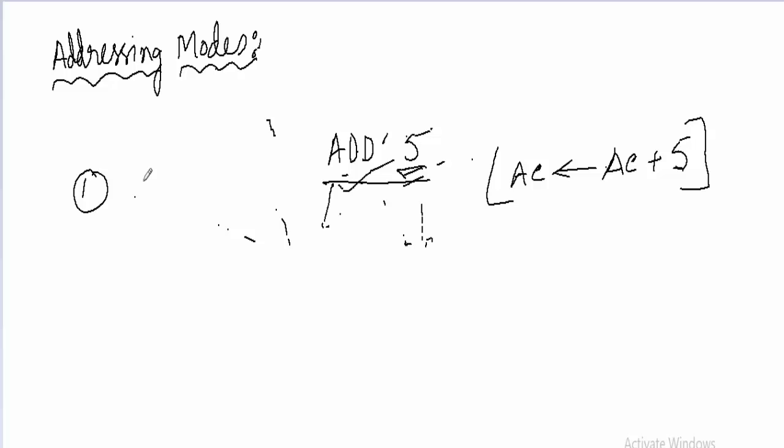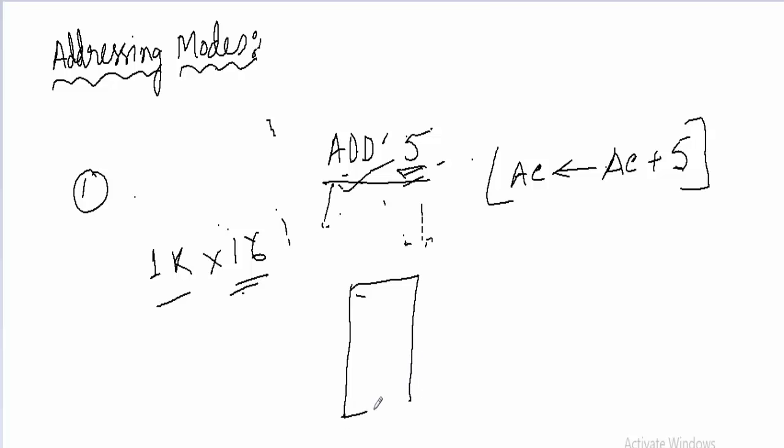For example, if we have a memory of size 1K into 16, it means we have 1024 locations and the size of each location is 16 bits, and one address is given to each 16 bits. So if we draw the diagram it will look like this.